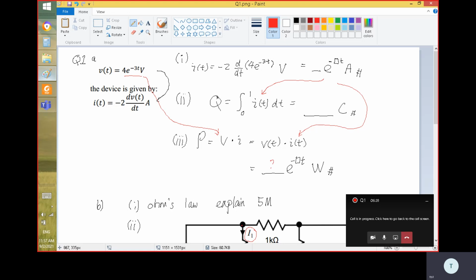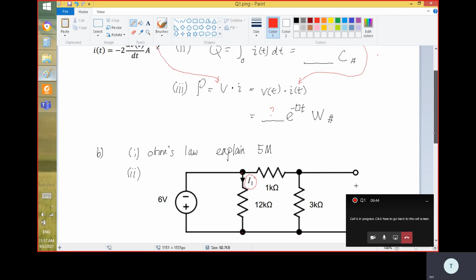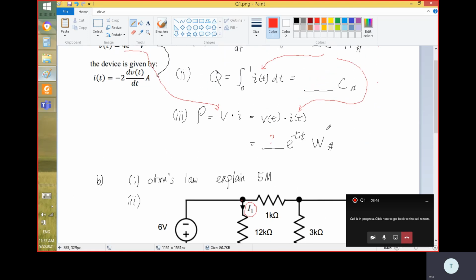The unit is watt. Okay, so this is part 3. So basically, part 1 is a derivative, part 2 is integration, part 3 is just multiplying these two equations.